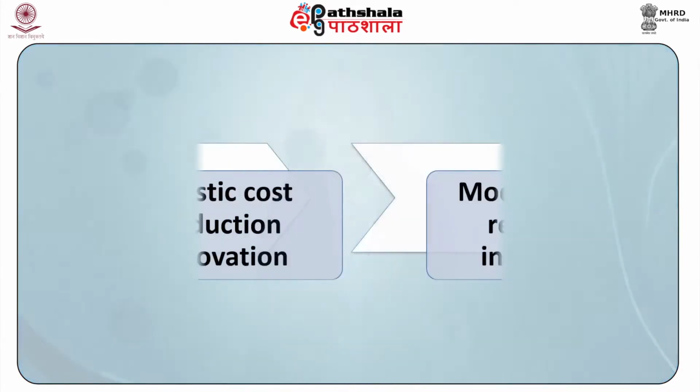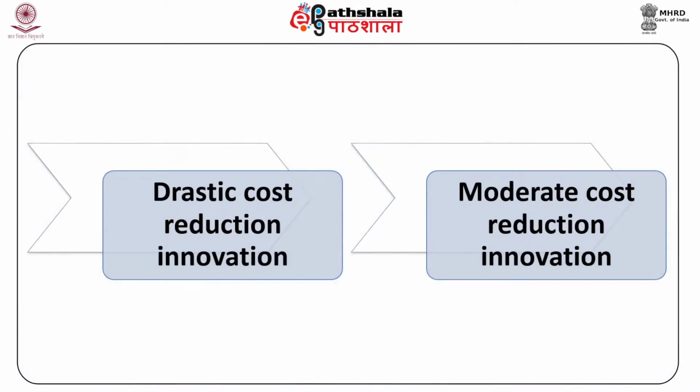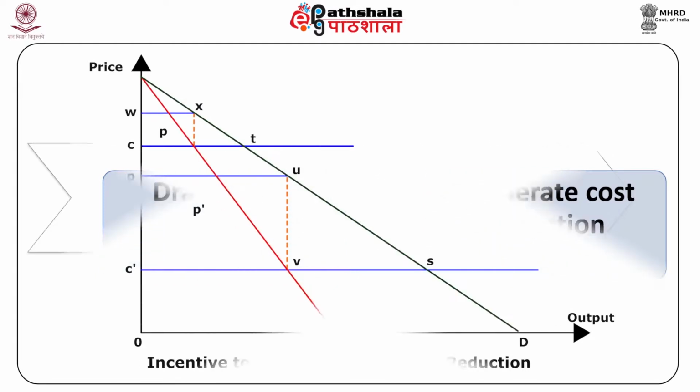In a competitive industry, price equals average cost, and monopoly marginal revenue is equal to marginal cost both pre and post invention. Arrow considered the following two cases to identify the difference between incentive to invent under competitive and monopoly industries. First, drastic cost reduction innovation. Second, moderate cost reduction innovation.